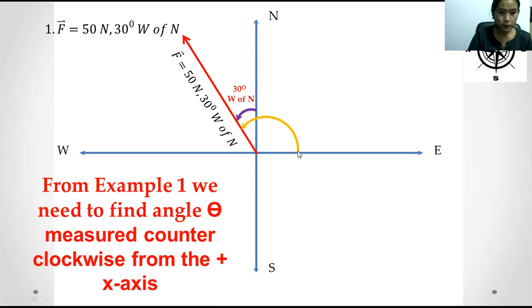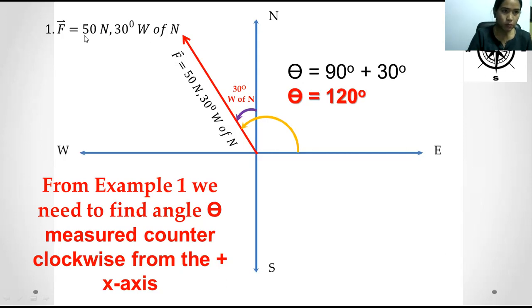So we need to find this angle, and this angle is called angle theta. We know that from the positive x-axis to the positive y-axis, that's 90 degrees plus 30. That means angle theta from this point to our vector arrow is 120 degrees. So we have to take note of two important quantities: 50 newtons and 120 degrees angle theta.